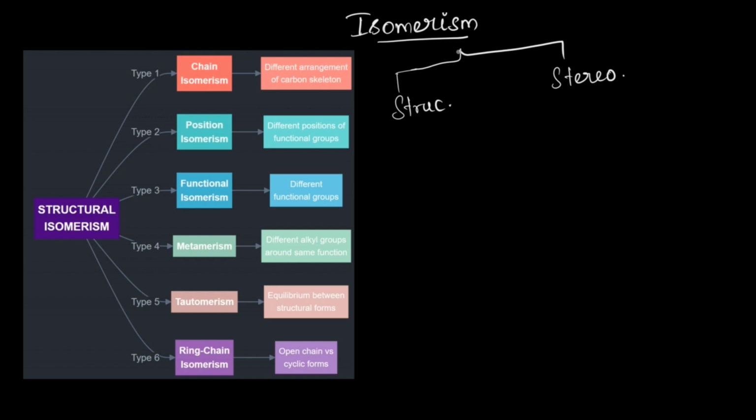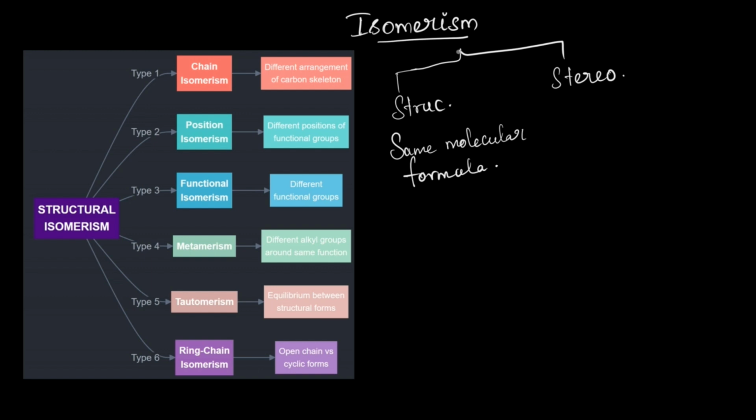First, structural. It is very simple, but a lot of questions can be asked from this part. Structural isomerism, as the name explains, the structure varies. Same molecular formula, but different structural formula, different way of writing it.